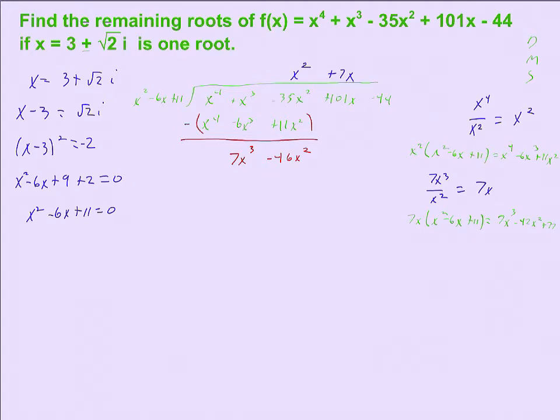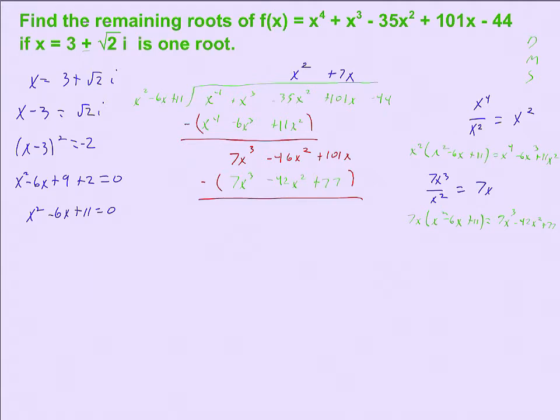All right, seems like it's kind of a long number, but don't be scared off by that. 7x cubed minus 42x squared plus 77x. Notice how I moved into my next term, which means I need to bring down that 101x here also, so I can do my subtracting. But we keep these columns all neat and orderly, so that way it's very easy to see that and to bring it down when we need it. Now we can subtract. 7x cubed minus 7x cubed cancels.